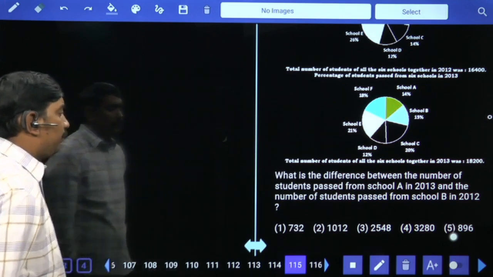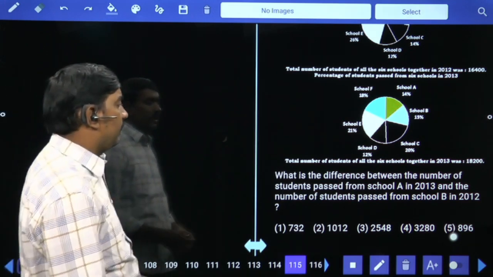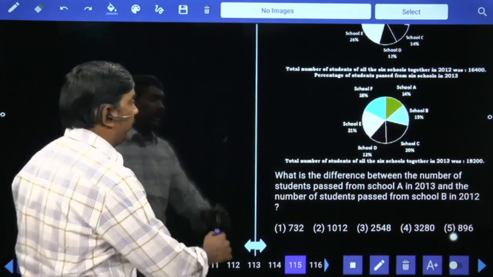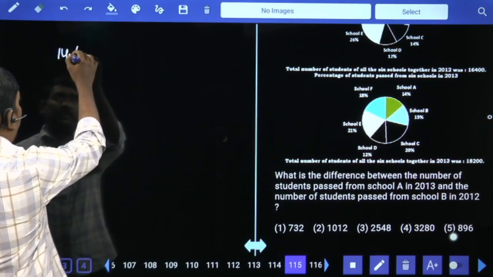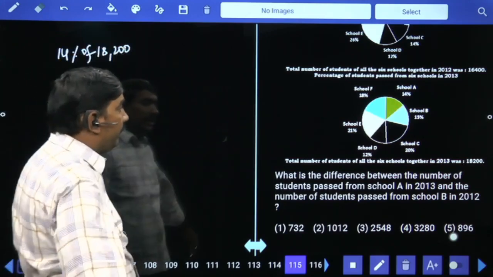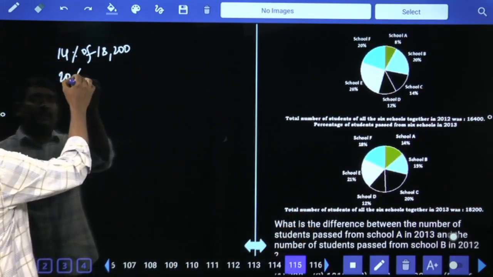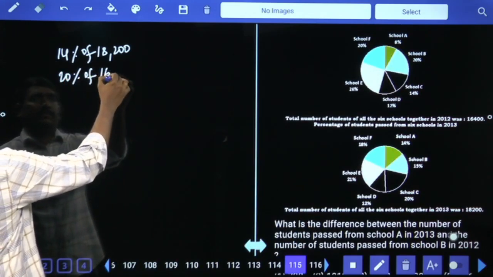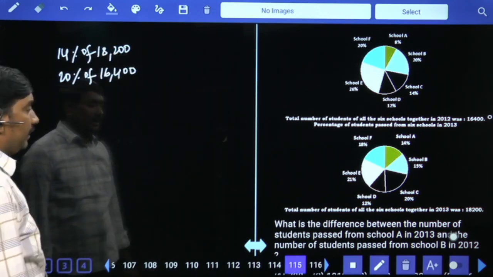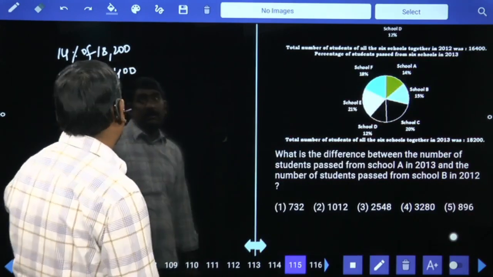Difference between the number of students passed from school A in 2013 and school B in 2012. A in 2013 is 14% of 18,200. B in 2012 is 20% of 16,400. 4 twos are 8, so the last digit is 8, which means the third option.